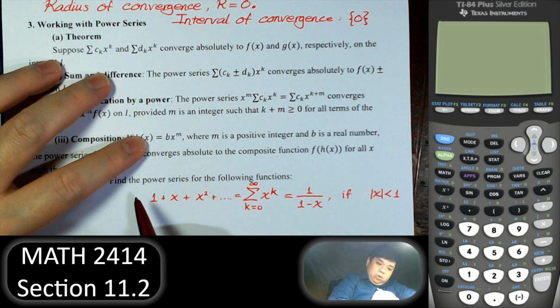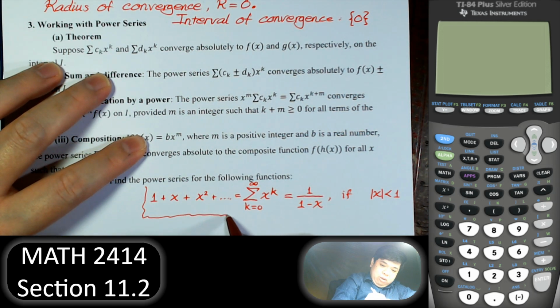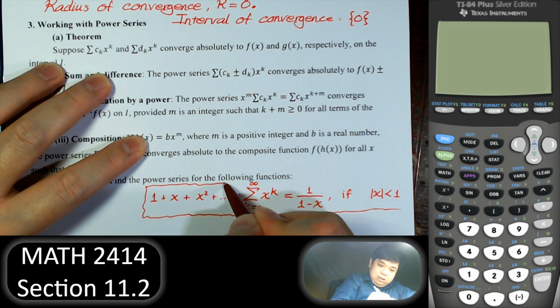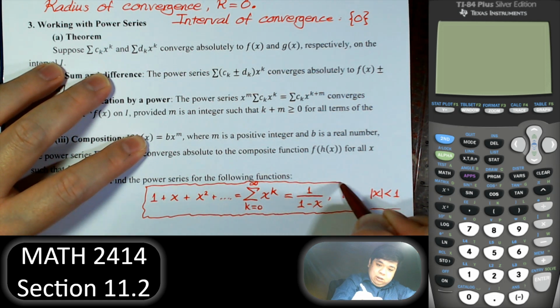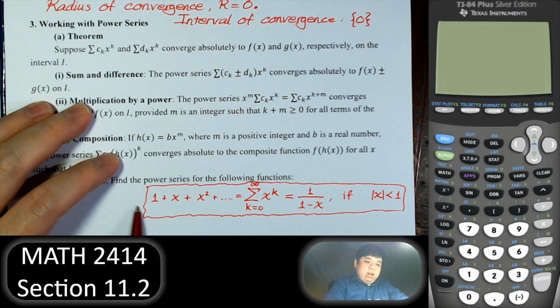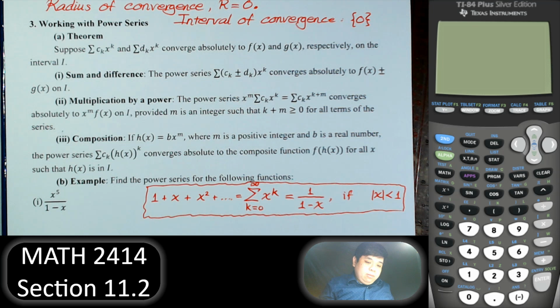This is from the geometric series. So if we can write in this form, we can write it as a power series. So we're going to find a power series for this.